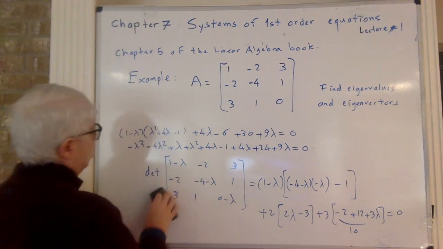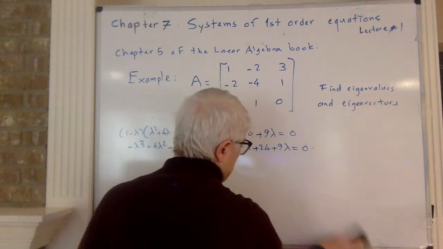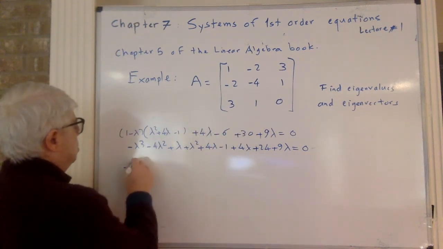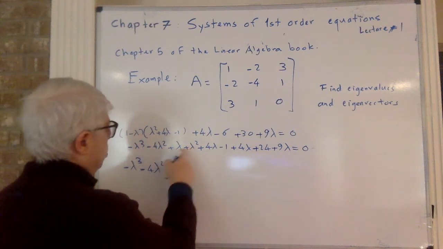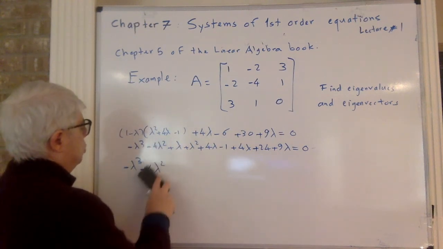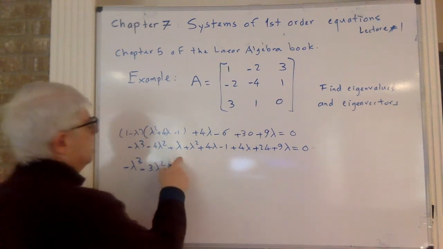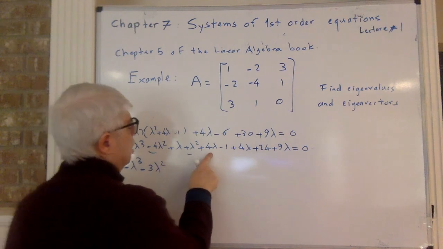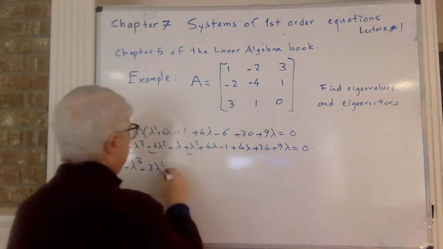So if I haven't made any mistake, let's hope not. So I have minus lambda cubed minus 4 lambda squared plus, also that's minus 3 in fact. Is there another lambda squared? No. So this will be minus 3 lambda squared. So I have rid of this one, this one, this one. Lambda, 5 lambda, 9 lambda, 18.